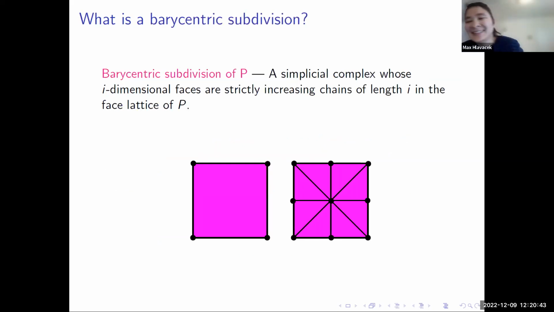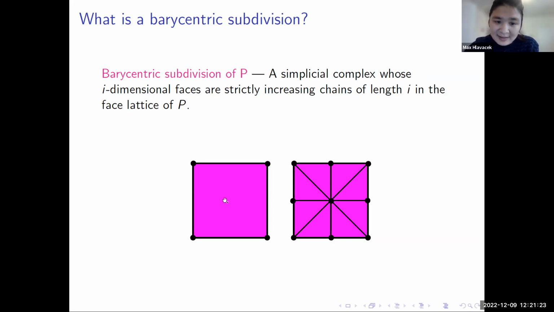Good question. There is a definition of barycentric subdivision involving the face lattice. We're making a simplex out of each chain in the face lattice of your polytope. In practice, how we do this is, for example, if we start with this square, which we're going to be using a lot in this talk because we're doing cubical things, you put a vertex inside every face. We're labeling each face with a specific vertex.